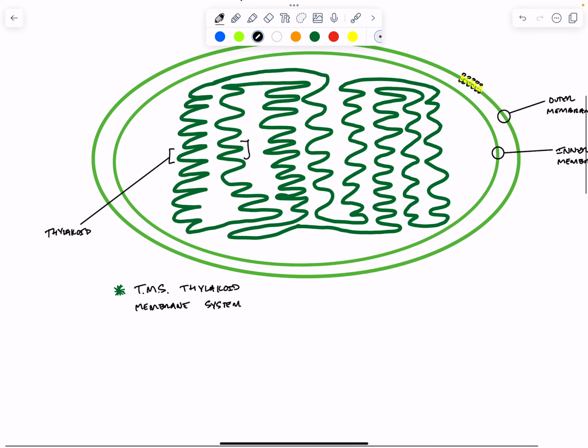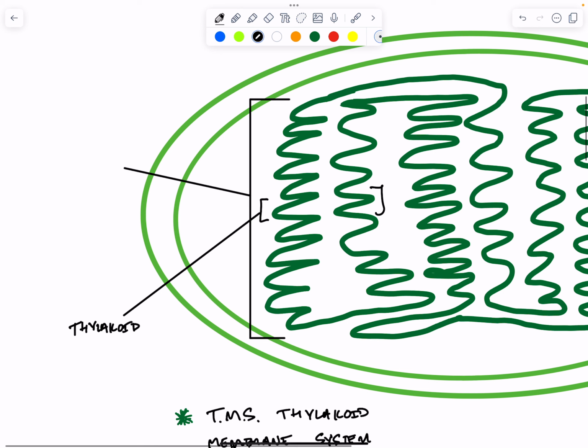And a whole stack of them all together, all of this giant stack of little thylakoids, which is like this right here, is called the granum. We have a single thylakoid, which is like this little jelly bean. The granum is all the jelly beans in a stack.